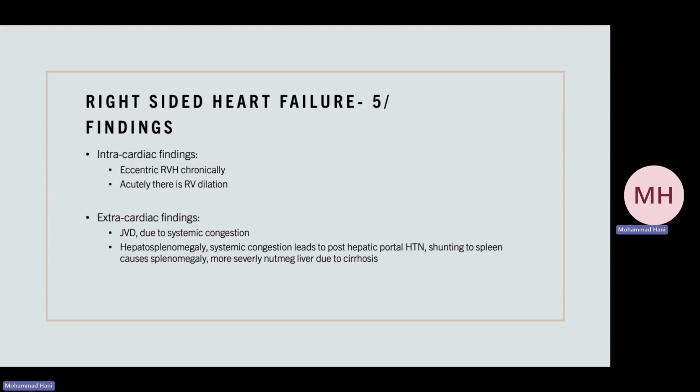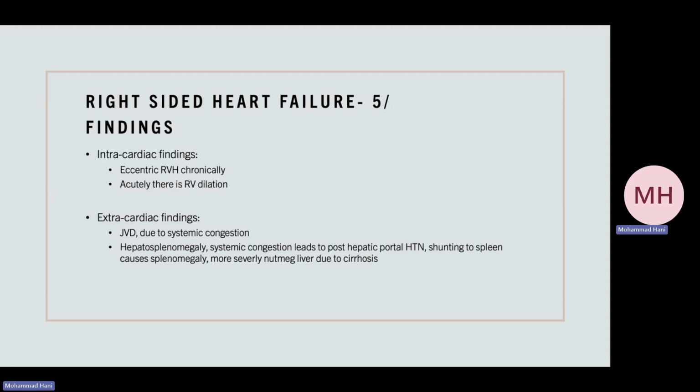One of the major veins is the hepatic vein, which drains into the inferior vena cava, and the inferior vena cava then comes into the right atrium. When you have blocking over there, this excessive blood pressure and blocking in the inferior vena cava and the hepatic vein gives rise to hepatic portal hypertension.